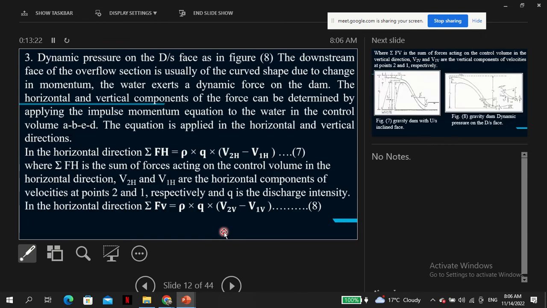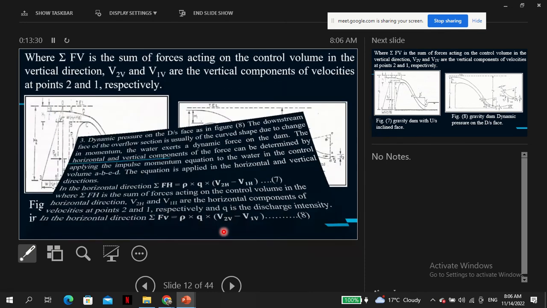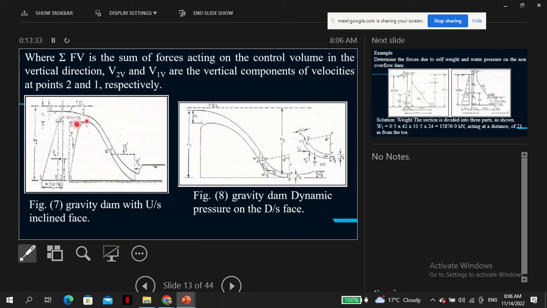Now there is a dynamic pressure on the down slope as shown in figure 8.